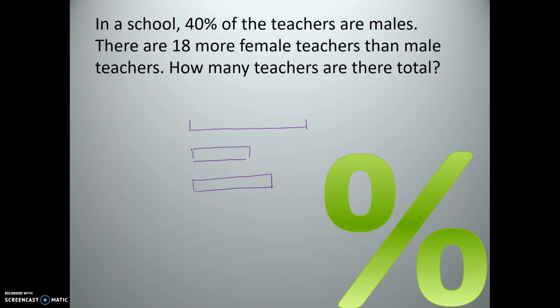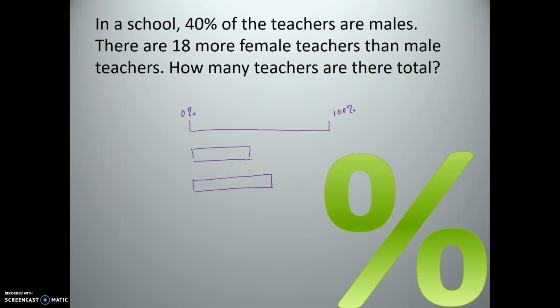Let's take a look at what this means. I'm going to redraw this one. We're going to call this ruler up here 100%. Let's take this word problem step by step.